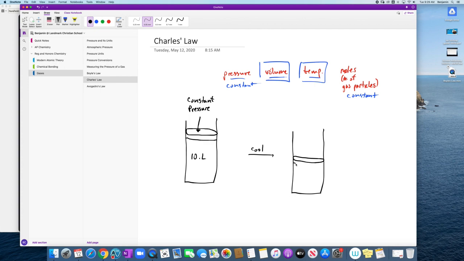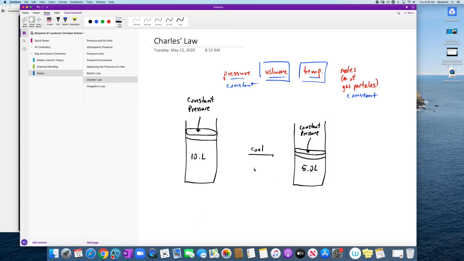Okay? And so imagine you cool it. Same pressure out here, by the way. We haven't changed the pressure. That's not why the gas is getting smaller here. Constant pressure. But let's say we cool it enough so now that it occupies 5 liters. That's half the volume.